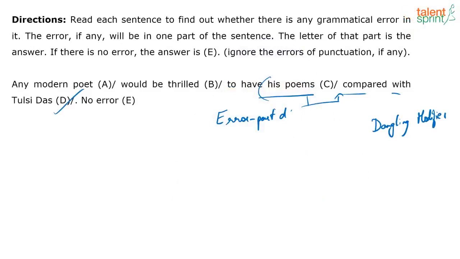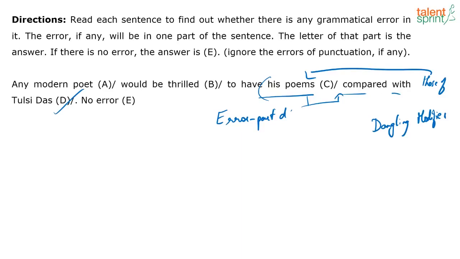And what do I need to do there? I just have to add compared with those of Tulsidas. Those, bringing in clarity, saying his poems. Are you following? So any modern poet would be thrilled to have his poems compared with those of Tulsidas. Those of, matlab, Tulsidas's poems.